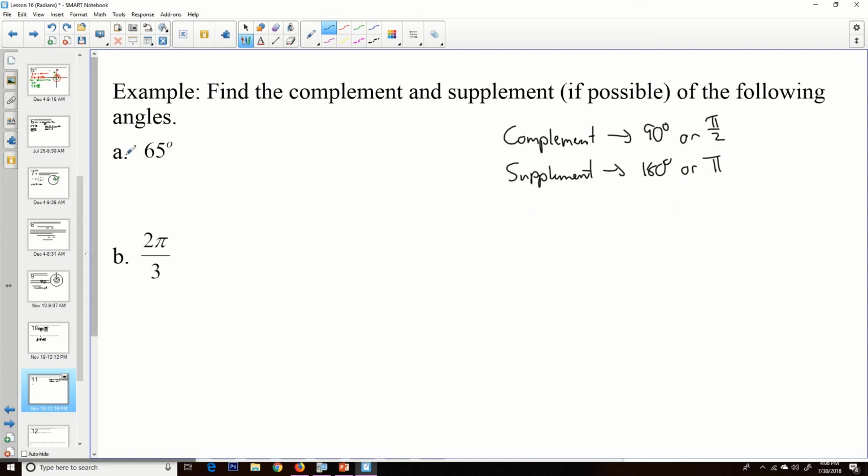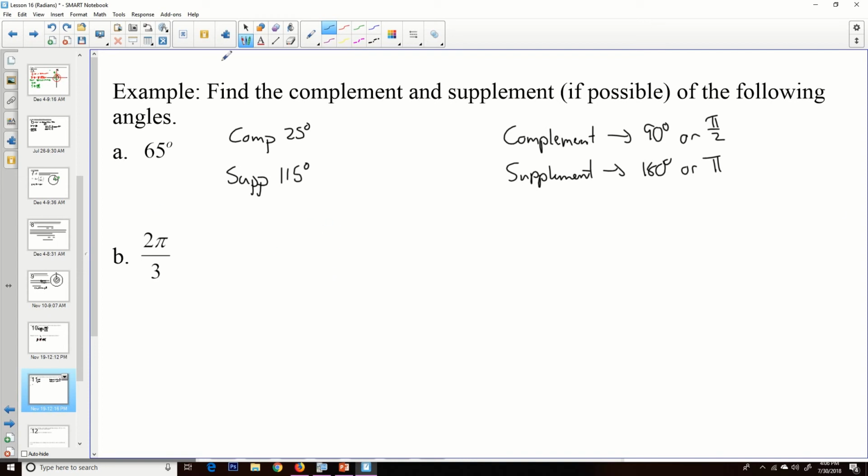Okay, so in this case, if I have 65, then I have a complement of 25 degrees because 25 and 65 is 90, and I can have a supplement of this one. If I subtract 65 from 180, I'll get 115 degrees. Yeah, that's right.